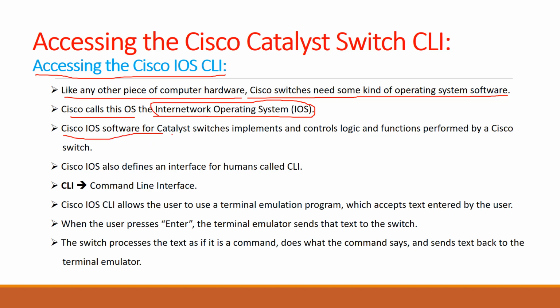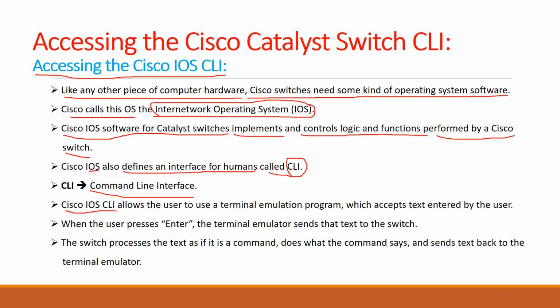Cisco IOS software for Catalyst switches implements and controls logic and functions performed by a Cisco switch. Cisco IOS also defines an interface for humans called the CLI, or command line interface. This is what CLI stands for.